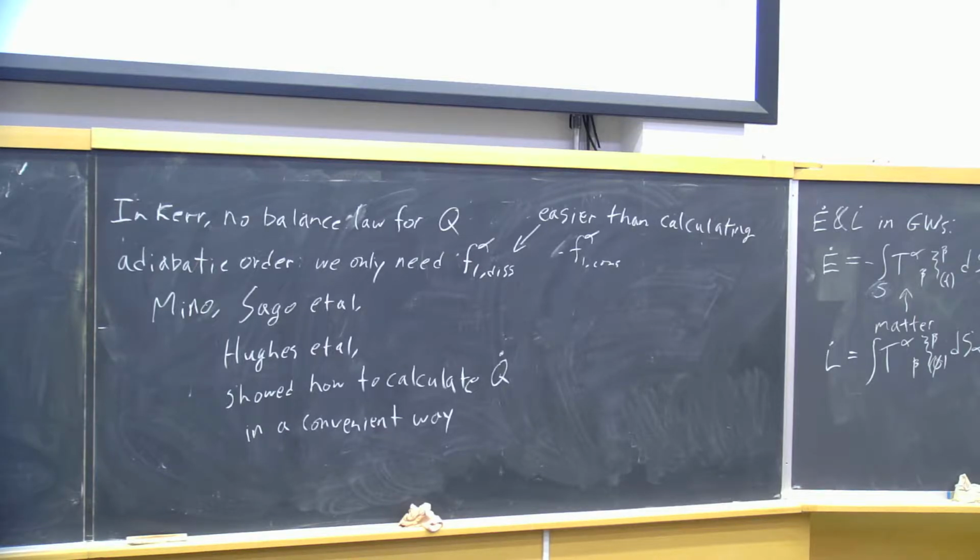Now the question is, what is T alpha beta for gravitational waves?